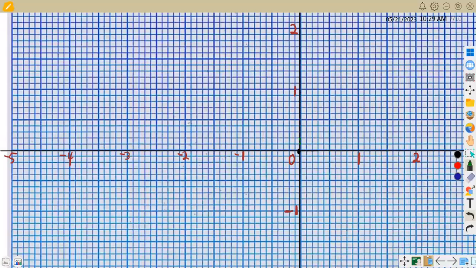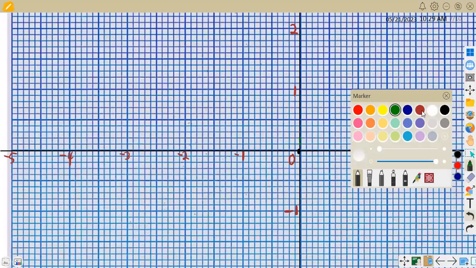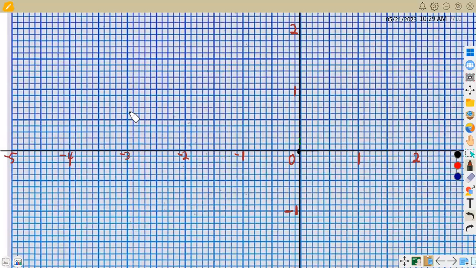So 0.7 is simply the small boxes, 7 small boxes that I'm going to count. So here there are 5, 6, 7, maybe somewhere here. This is where I'm going to mark my point, where x is -3 and y is 0.7, just 7 boxes going up because of my scale that I chose to use.